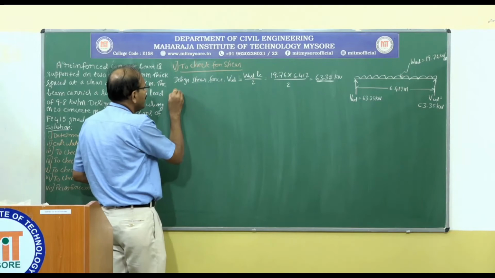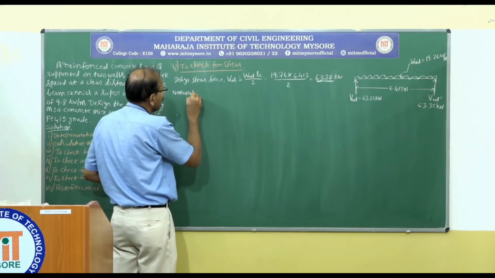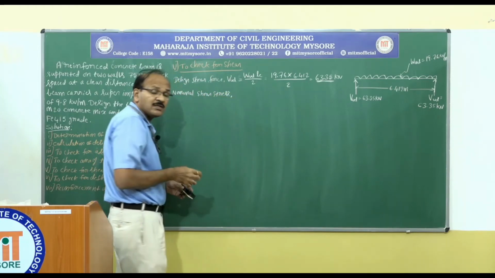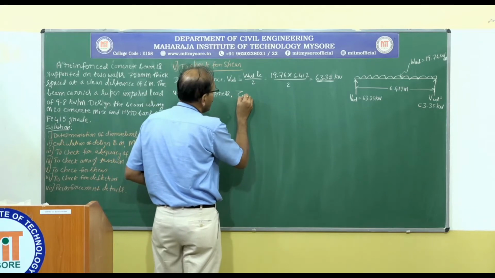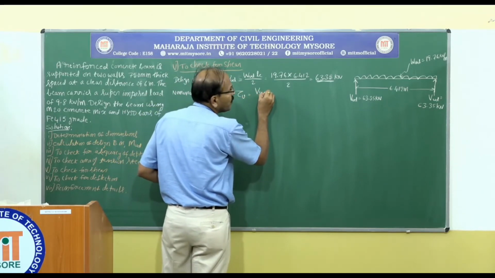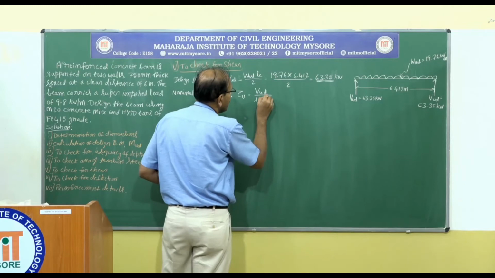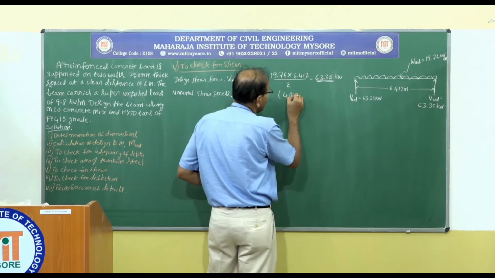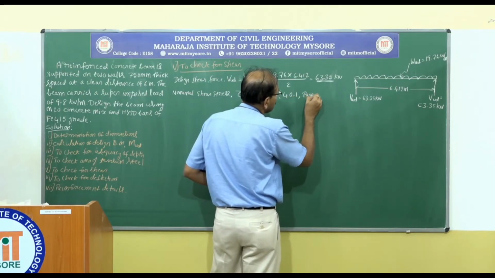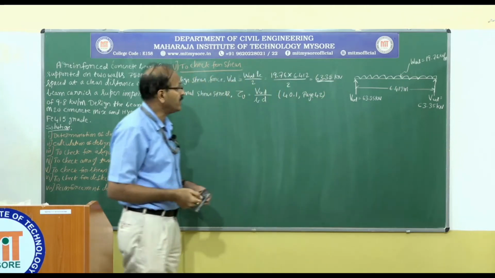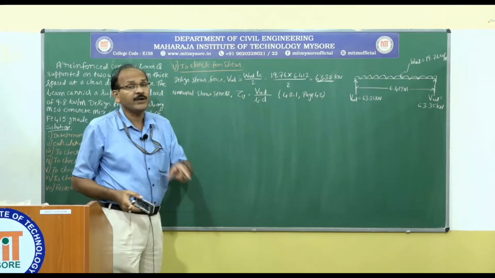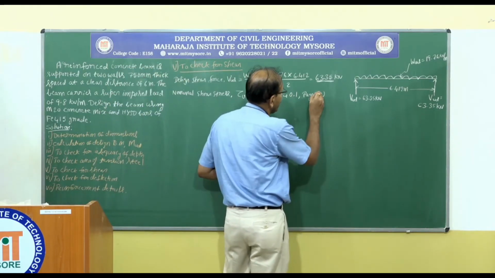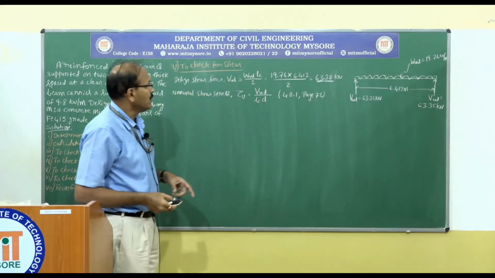So now nominal shear stress tau V equal to VuD divided by bd. So this is as per page number 72. Please open page number 72. Sorry, I said page 42 earlier, it is page 72. Okay. So what is VuD?